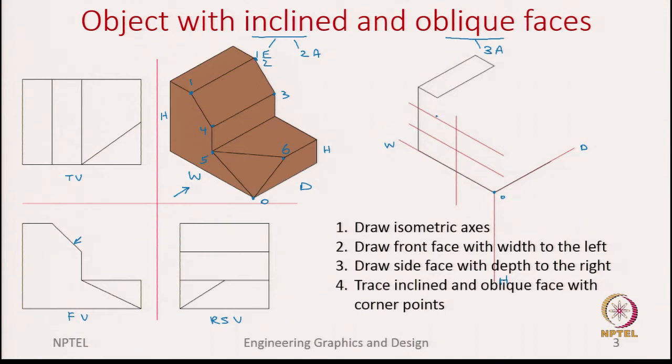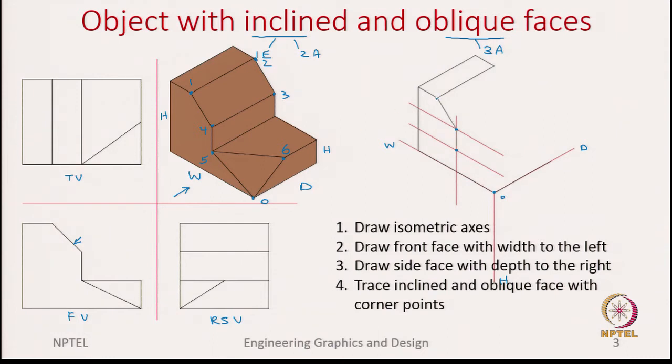The red lines here are the construction lines. With these red lines we are able to find points 4 and 5. Essentially we draw the intersection of vertical lines and lines parallel to the width axis to capture these points 4 and 5.